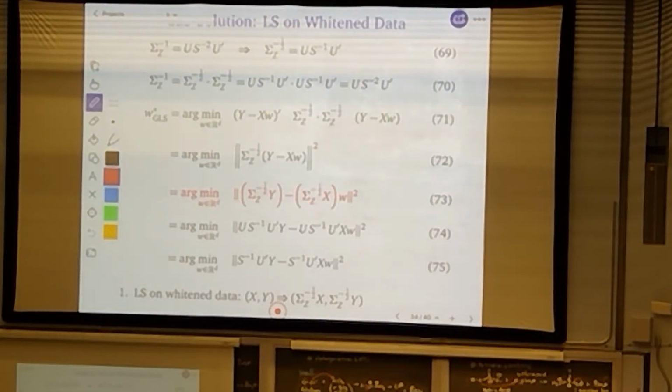Another way of looking at this is, initially you have sigma z inverse. I'm going to split it into two equal terms, each to the minus half. If the SVD is this, the half of it is simply this, the middle term to the half, that becomes minus 1.